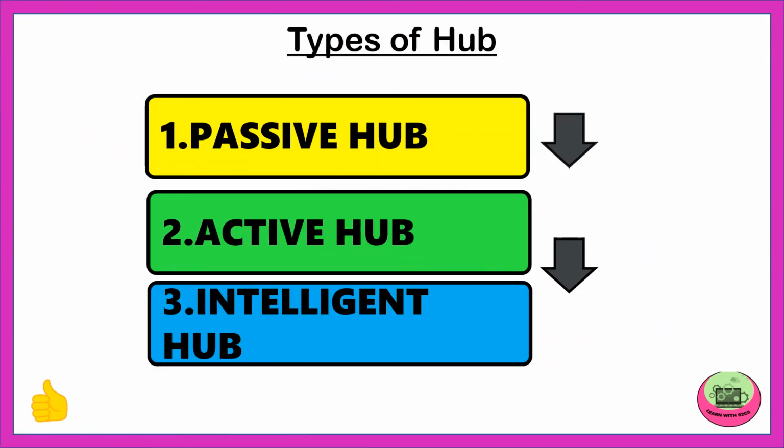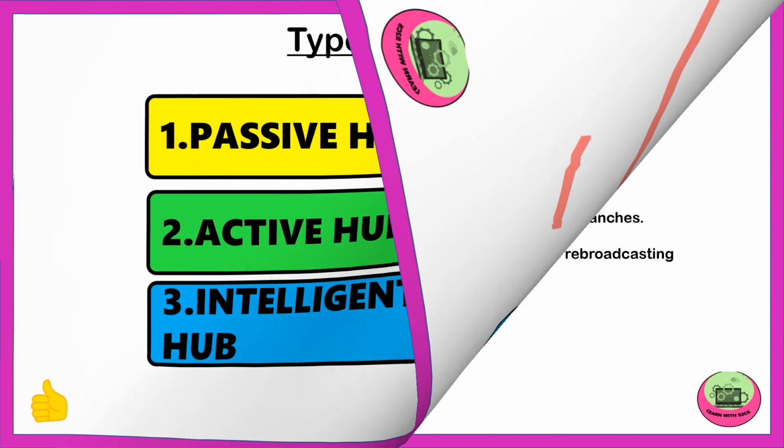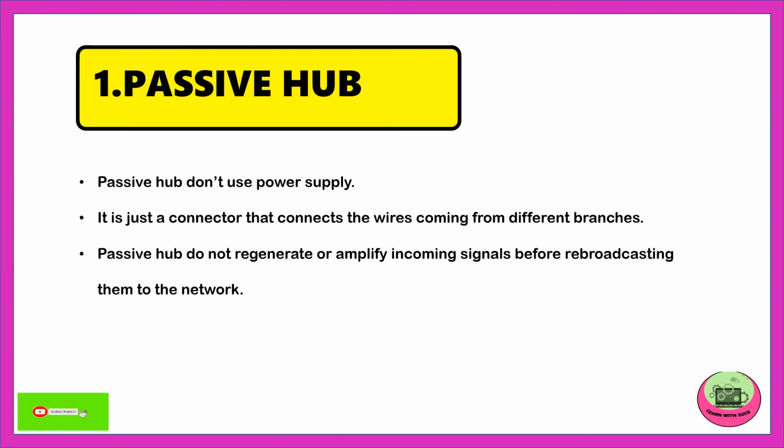Next, we move to types of hub. There are 3 types of hub: passive hub, active hub and intelligent hub. Now we will see one by one what they are. First is the passive hub. The main and important point is that a passive hub doesn't use a power supply. It doesn't require electricity. Next, it is just a connector that connects the wires coming from different branches.